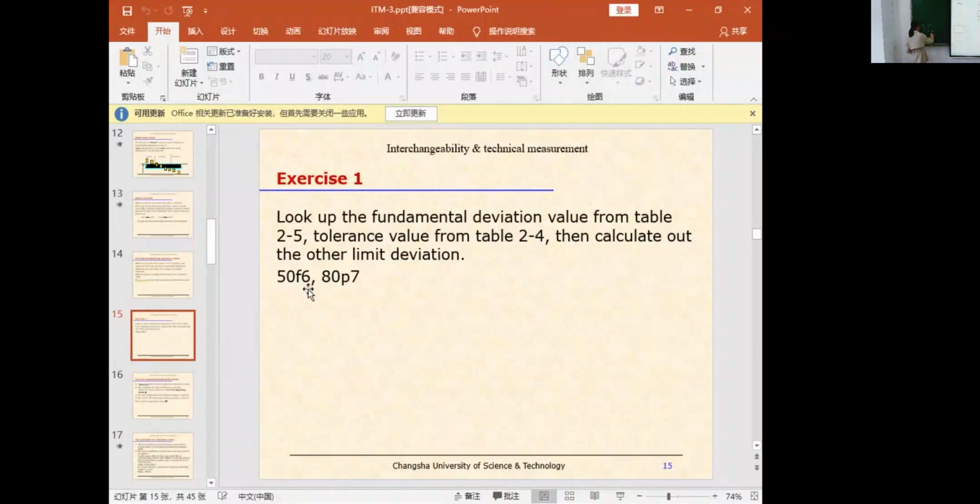The lower deviation is minus 41. Okay. The next one.